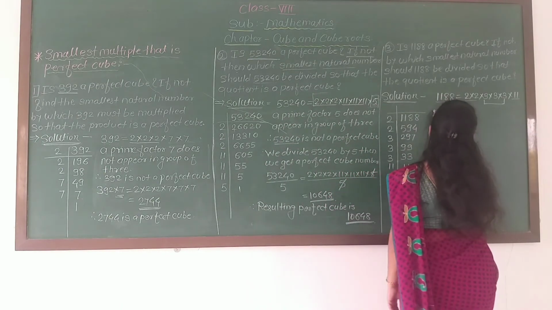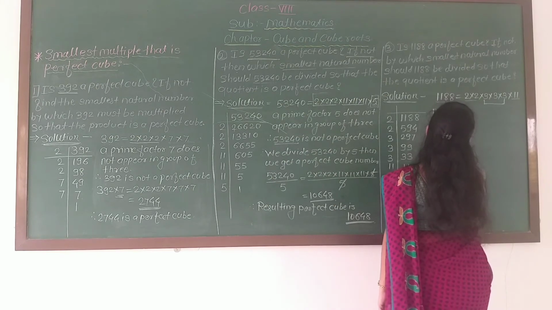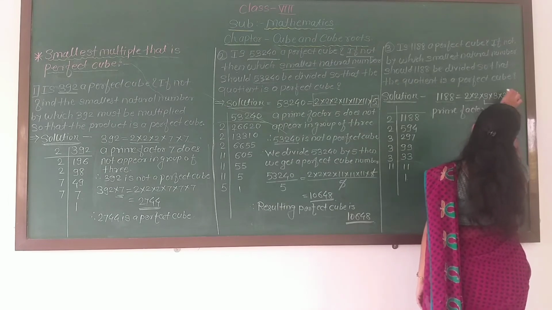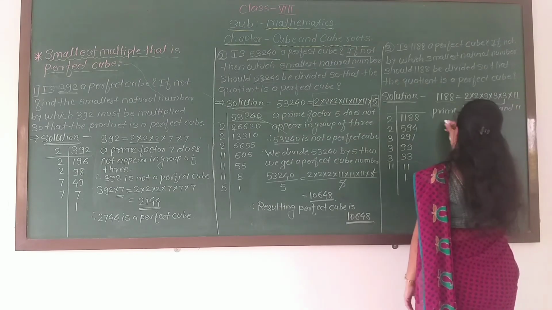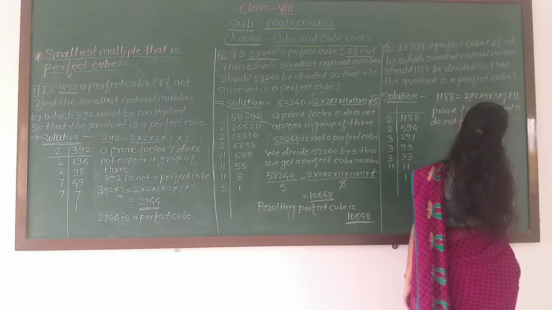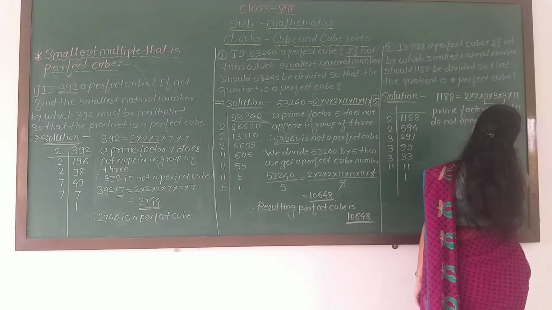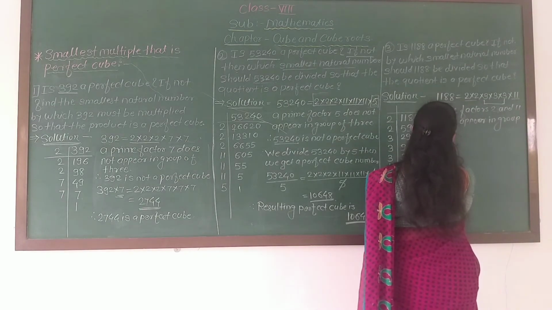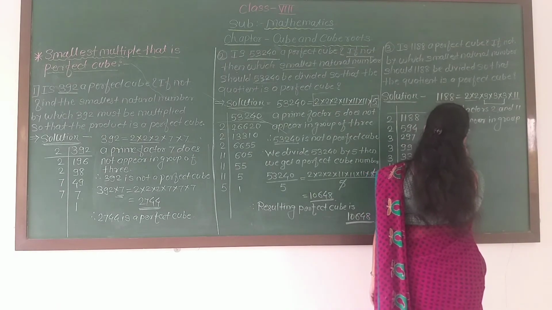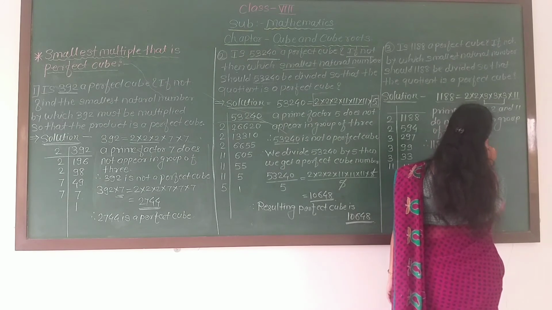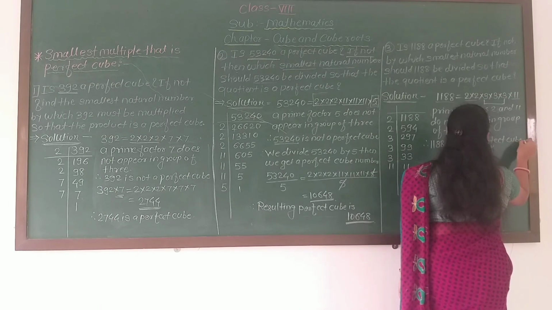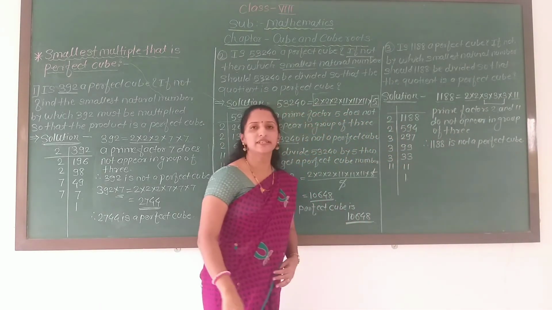So first we write the prime factors. 2 and 11 do not appear in triplets, so it is not a perfect cube. We found the answer to the first question: the number 1188 is not a perfect cube.